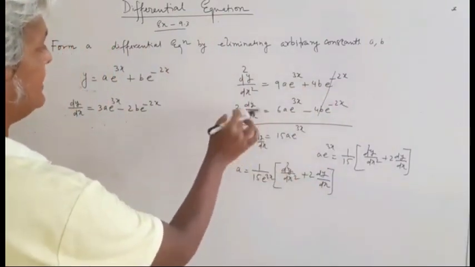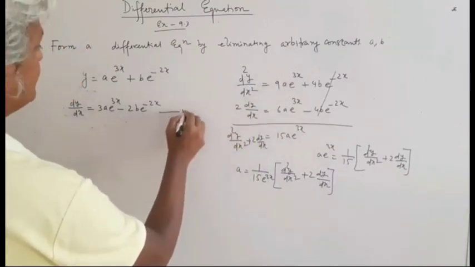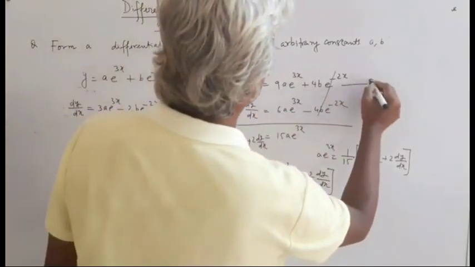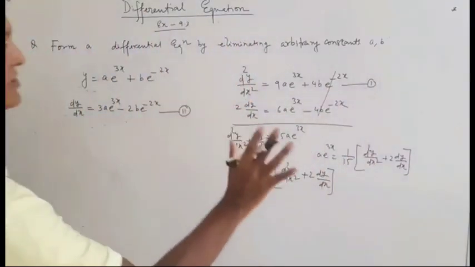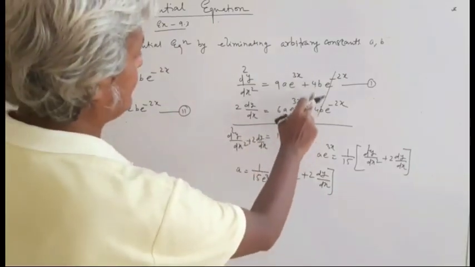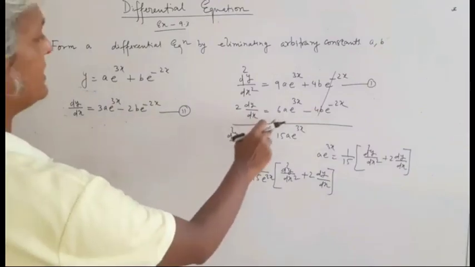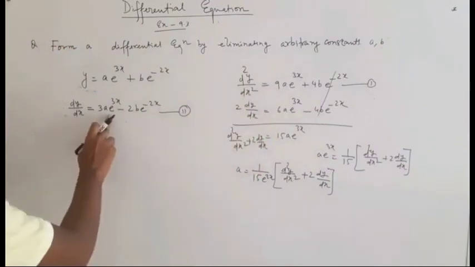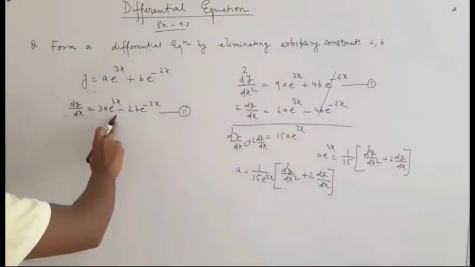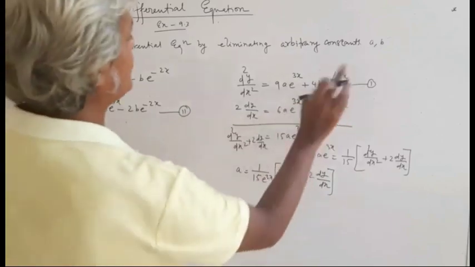This time I multiplied the first by 2 and didn't do anything with this one, which was our equation 1. Last time I eliminated b by making 4b and minus 4b. This time I am going to eliminate a by making it 9, because this is 9a and here we have 3. So I multiply this equation by 3 and subtract it from equation 1.